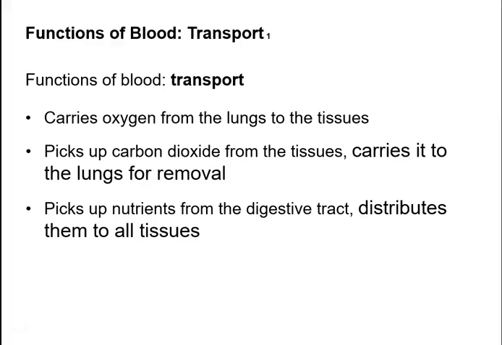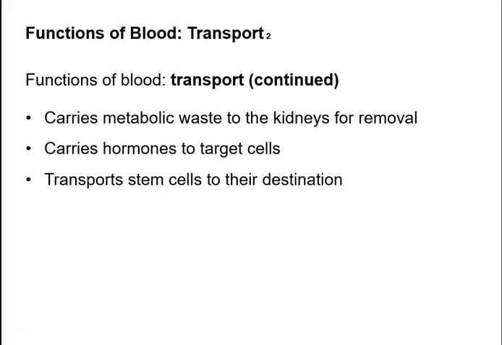So again, it's going to allow us to distribute things like oxygen and nutrients that we're going to get from our digestive tract to all of our organs, while also picking up waste like carbon dioxide or nitrogenous waste and delivering them to the lungs if you're looking at carbon dioxide, or to the kidneys if you're looking at nitrogenous waste, so that those waste products can be removed from the body.